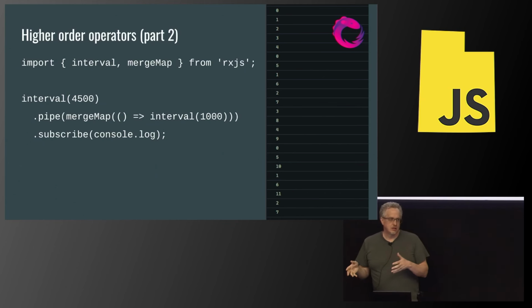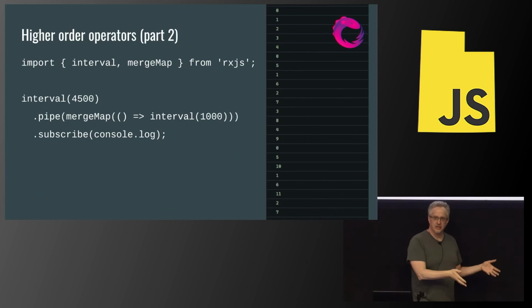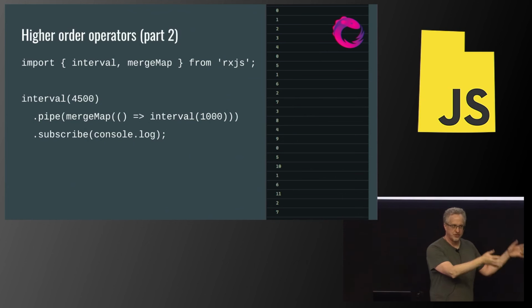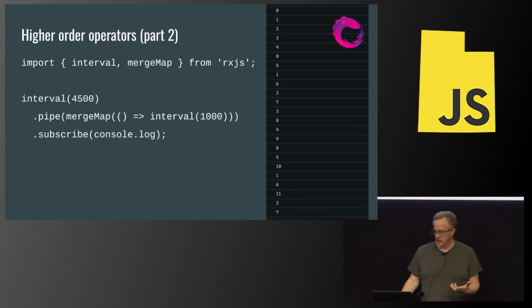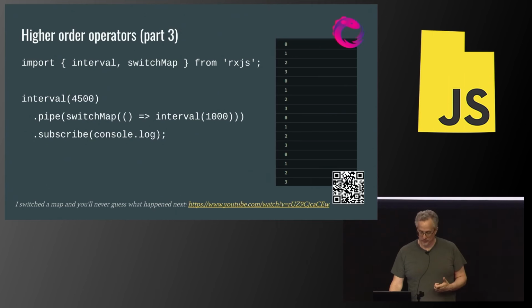That's because we're not canceling the old set of numbers each time we get a new set. And there are times that merge map is exactly what you want, but that's not what I said I wanted in this case. So in order to get what I said I want, we use switch map.